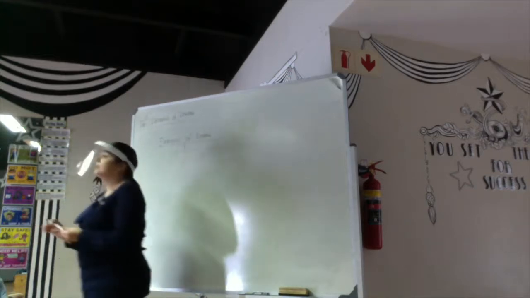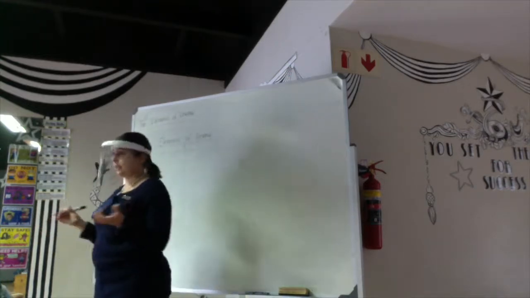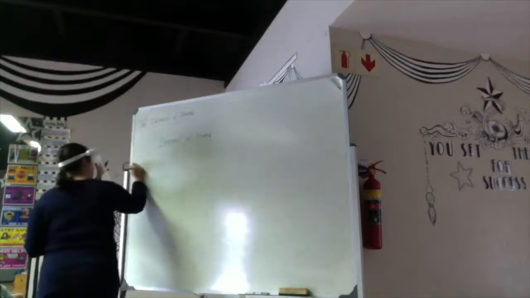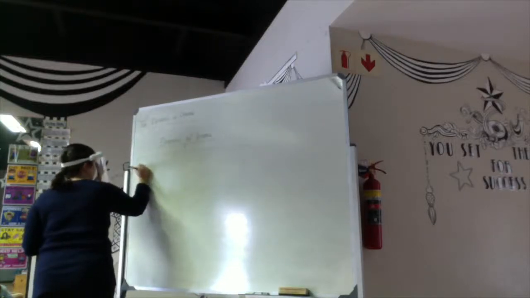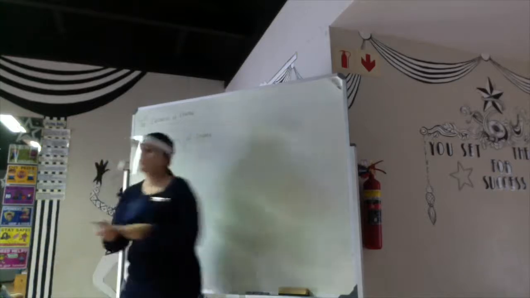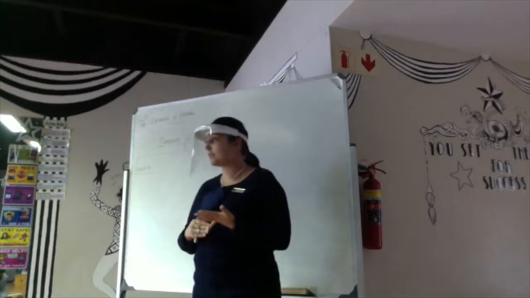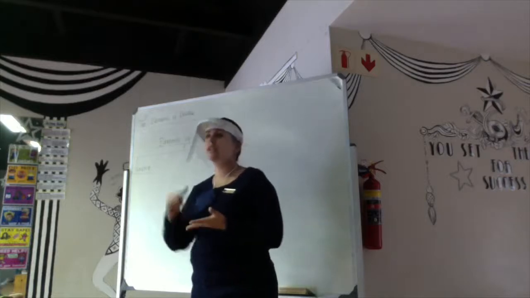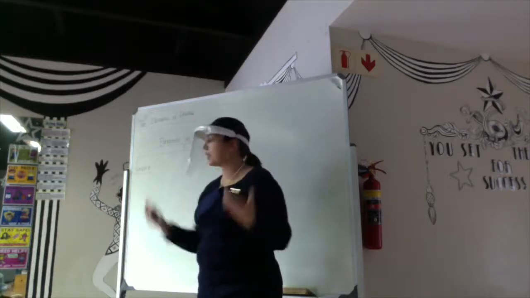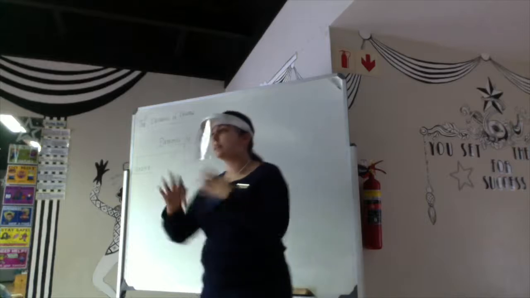So the first element of drama is the theatre. Now, the theatre is our space, it's rehearsal, it's our stage, everything in the end takes place in the theatre.